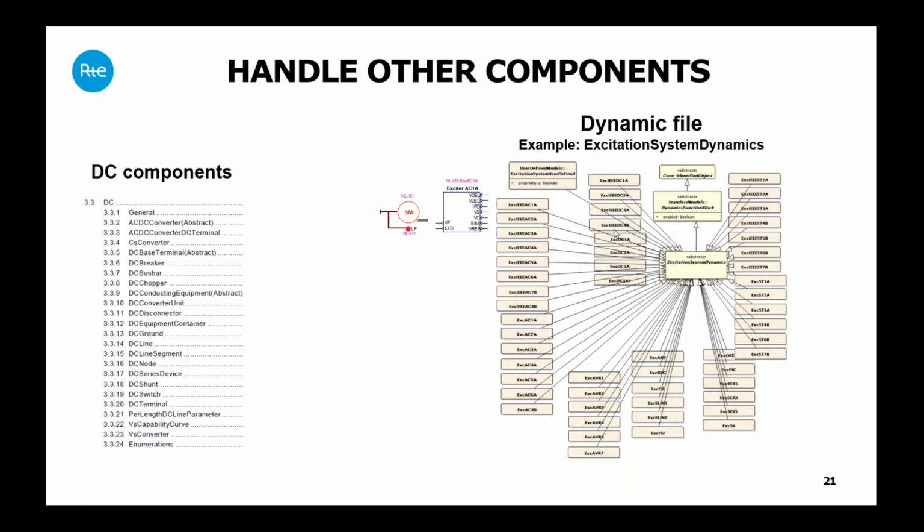So you can avoid the CIM and directly use your raw file and the sequence and dynamic file to get your model from PSSC to EMTP.